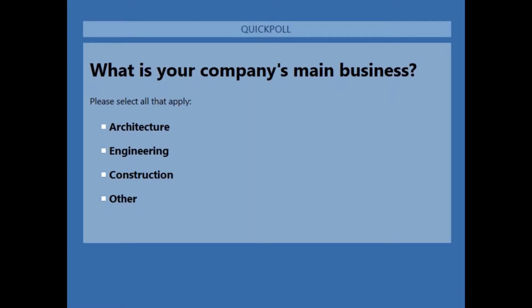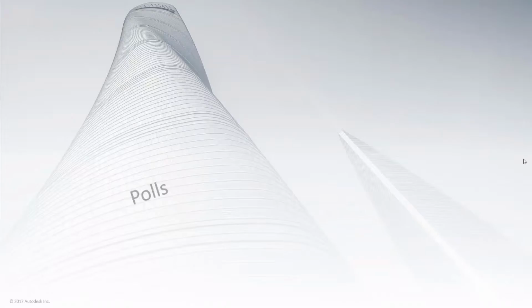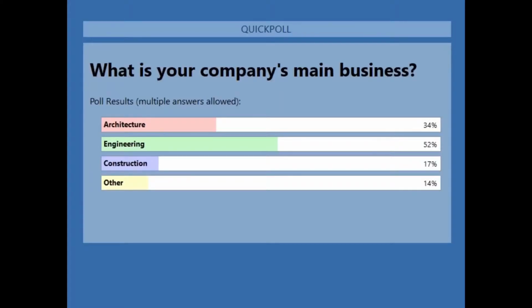Okay, about 70% voted, so I'm going to cut off there. Oh, 75, 77. Okay, that's quite good actually. So let's close this. They mostly are engineers, but then architecture, construction, and others. Fantastic. Let's go for the next poll, Yves.